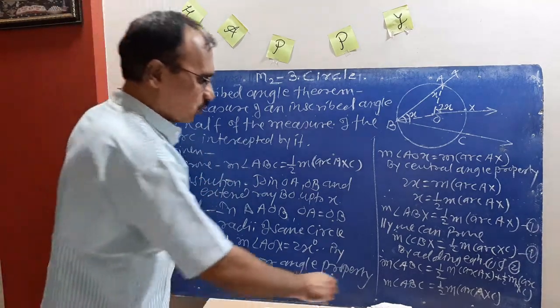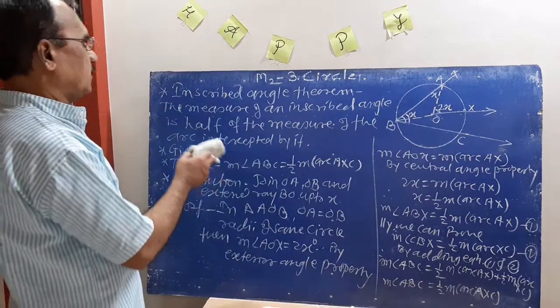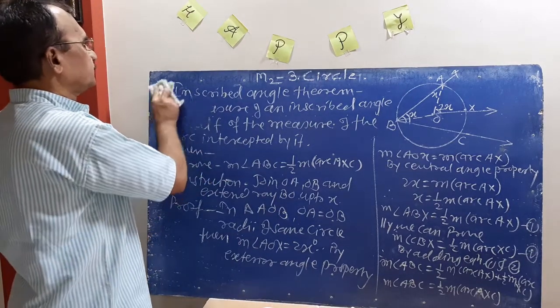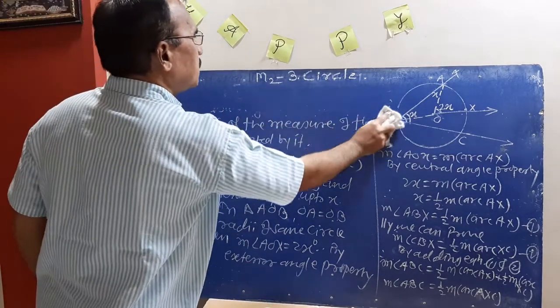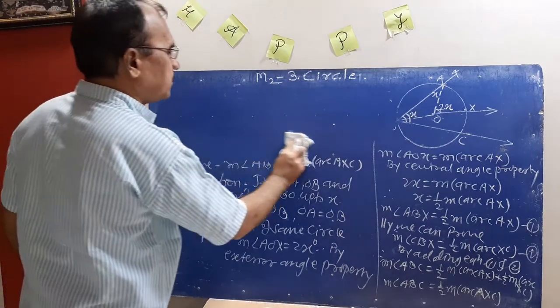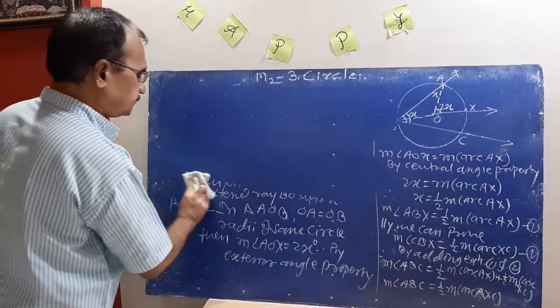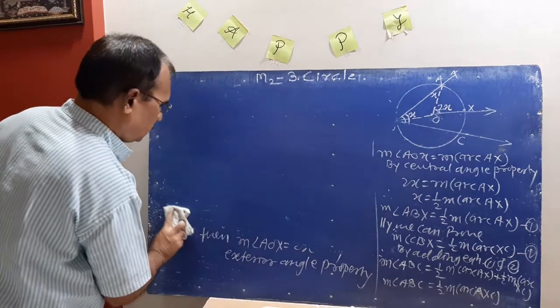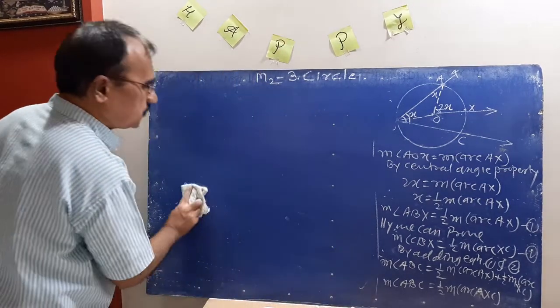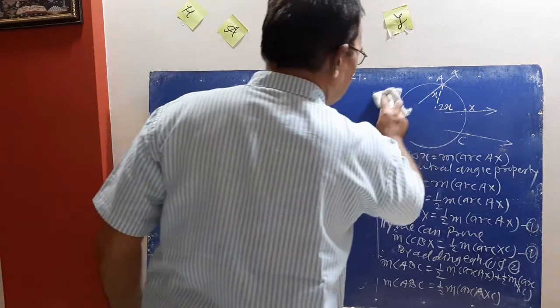Okay, a very easy theorem. Then there are two corollaries of this theorem. These are also important, not for proof, but for some examples.